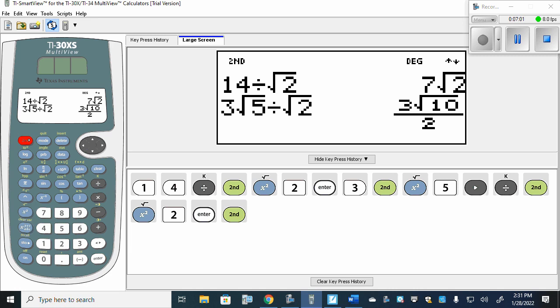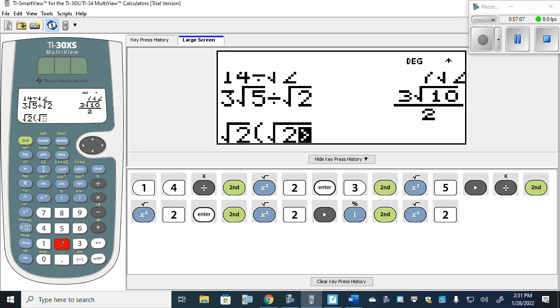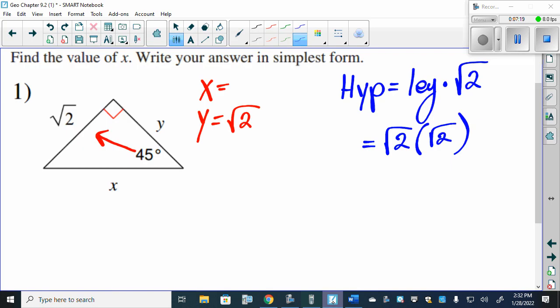We can plug it in here, square root of 2 times square root of 2. And if we type this in and hit enter, we get 2. Part of the way this works out is that square root of 2 times square root of 2 is the square root of 4, and the square root of 4 is 2. So the value of x here is 2.